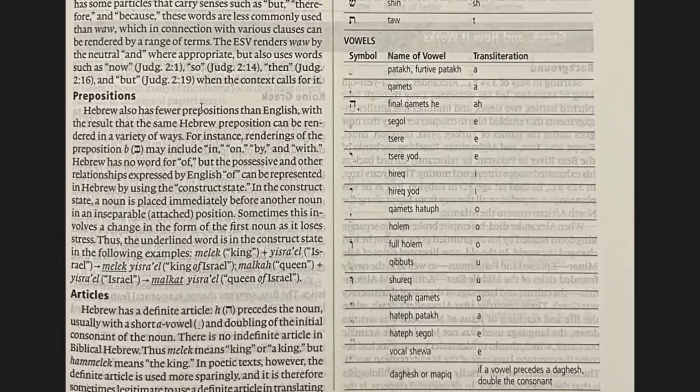Hebrew also has fewer prepositions than English, with the result that the same Hebrew preposition can be rendered in a variety of ways. For instance, renderings of the preposition be can include in, on, by, and with. Hebrew has no word for of.